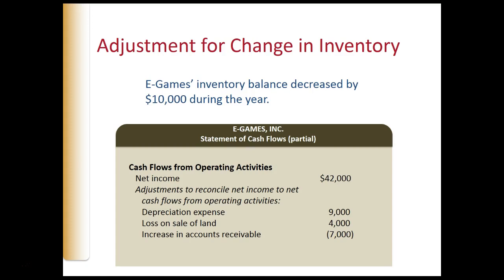But it has no effect on cash. So to adjust for cash being greater by $10,000, we add the decrease in inventory to net income, as you see on this slide. Remember, expenses we add back.